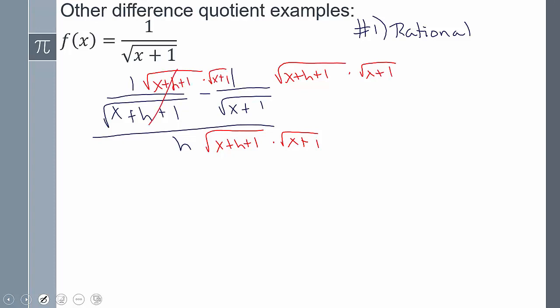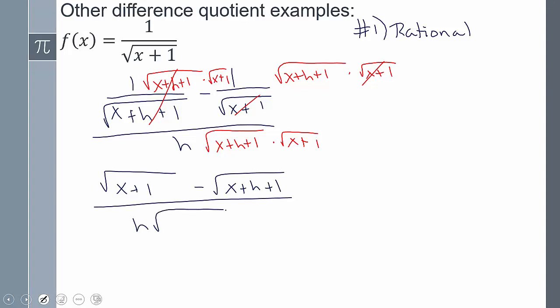Those cancel out. Now when we rewrite this, I have the square root of x plus 1 minus the square root of x plus h plus 1, all over h times the square root of x plus h plus 1 times the square root of x plus 1.